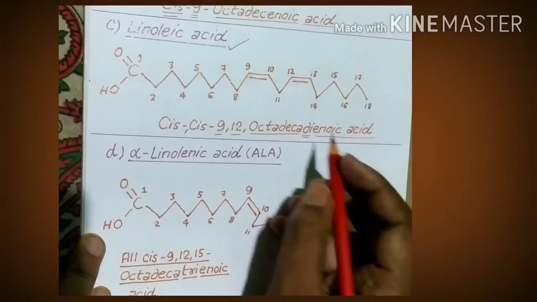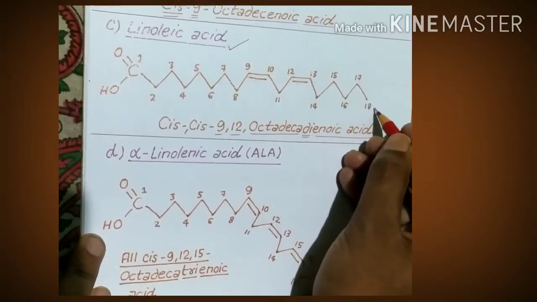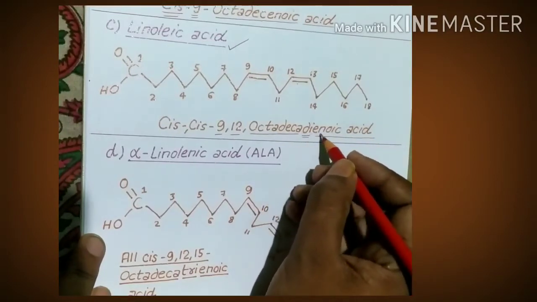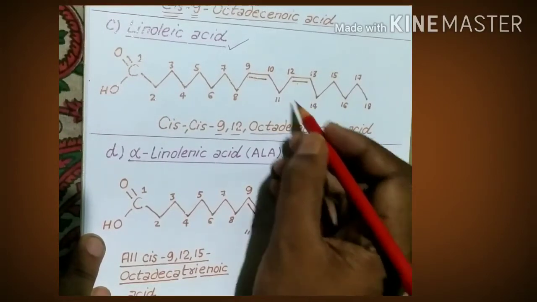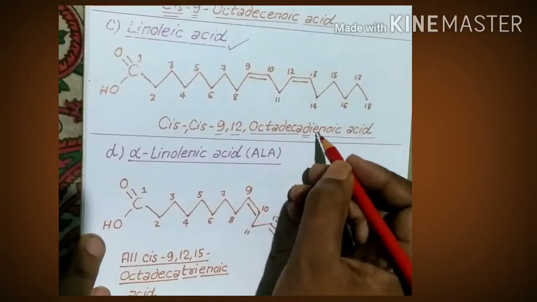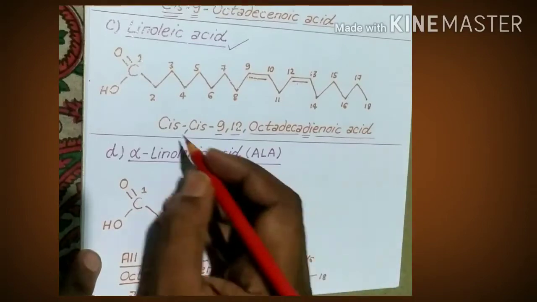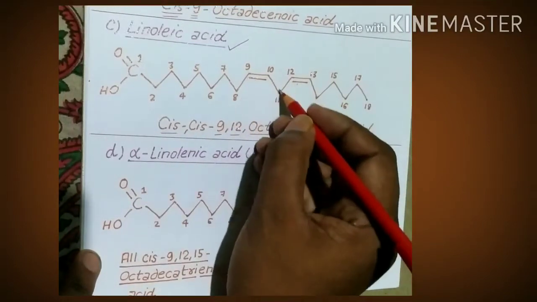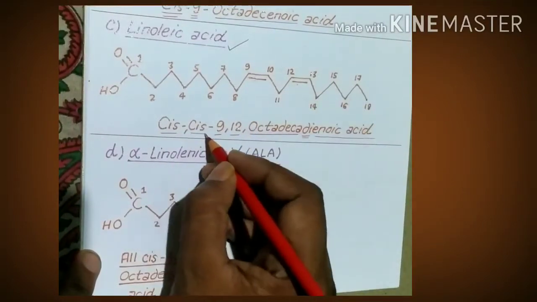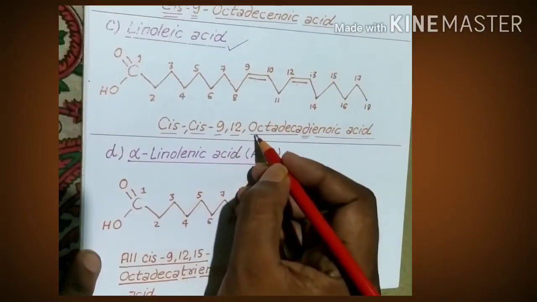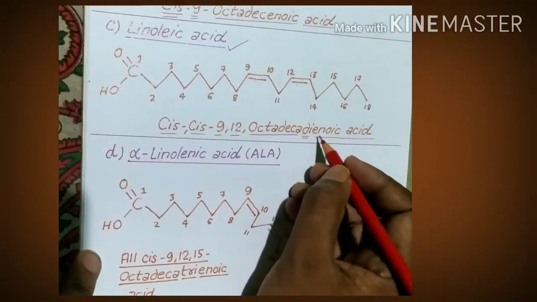Is it clear? Octadecane, 18 carbons, and dienoic acid means two double bonds are present. The enoic acid suffix, and the cis position is here. So cis, 9, 12, octadecadienoic acid.